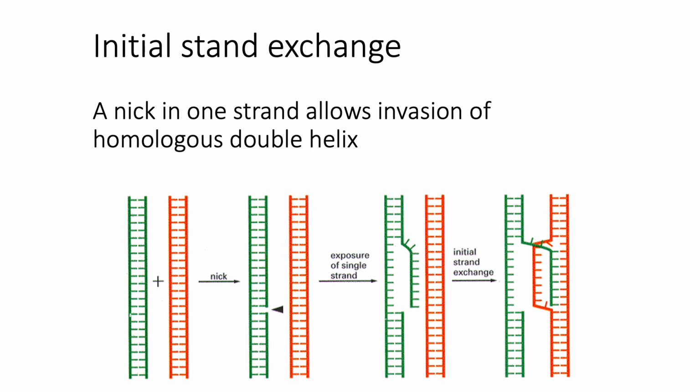So if we have two homologous chromosomes, a green and a red here, and we get a nick in this case in the green chromosome, now those strands can separate, and that green strand hanging off by itself can then invade the other homologous chromosome, pushing off the homologous strand and binding to the complementary strand.